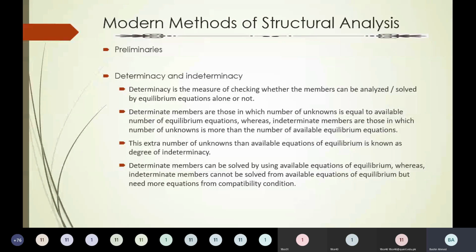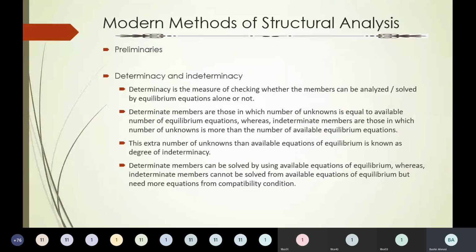But actually available equilibrium equations are 2, so the beam is indeterminate. So determinacy is the measure of checking whether the member can be analyzed, solved by equilibrium equations alone or not.